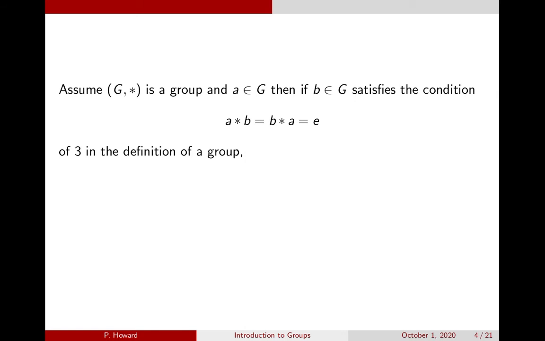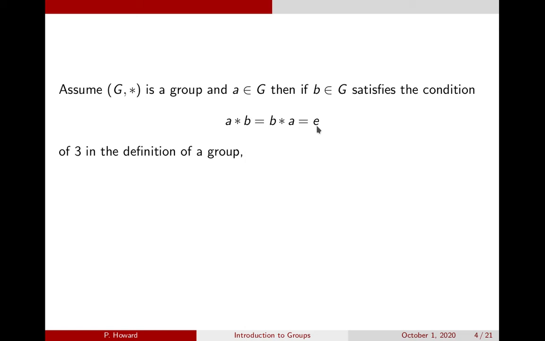Okay, and now the notation for the inverse. So we'll assume that we have an element little a in capital G, and we have the other element little b, which, when multiplied by a using star, in either order gives you the identity.